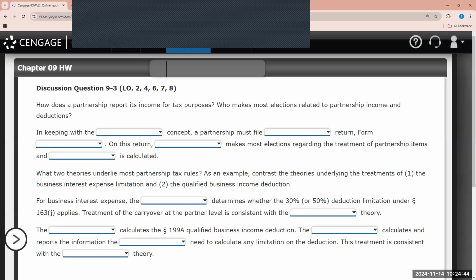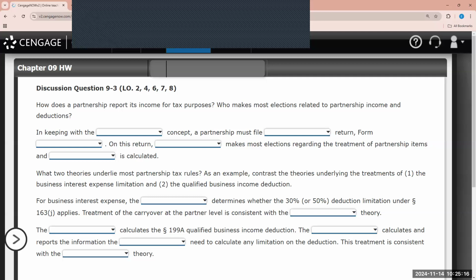On the other hand, we have what's called pass-through entities. Pass-through entities are also referred to as flow-through entities. And what that simply means is that there are no taxes at the partnership level. There's no taxes at the S corporation level. Instead, the income, the expenses, the deductions, credits, gains, losses, etc., pass through, they flow through to a tax-paying entity, which is either the individual or the corporation.